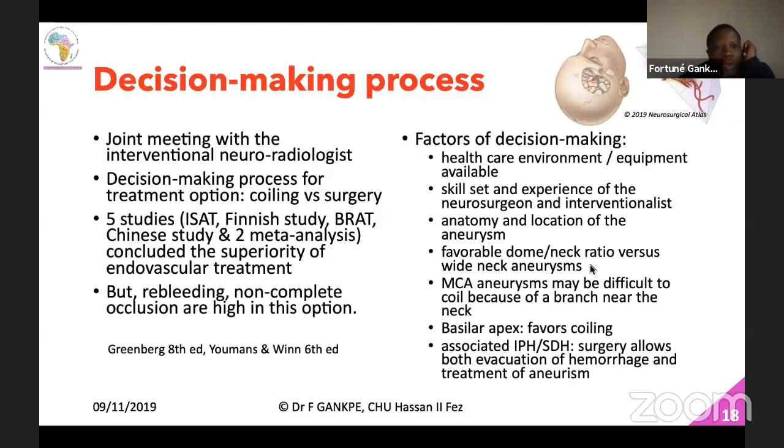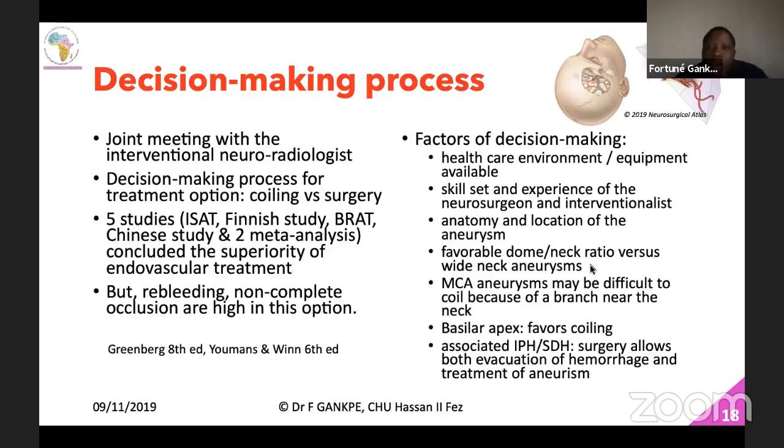I just want to invite you to read these 5 studies. The Finnish study, the Brat study, the Chinese study, and the 2 meta-analyses conclude the superiority of endovascular treatment. But in those studies, the authors add that rebleeding or non-complete occlusion are high in this option.